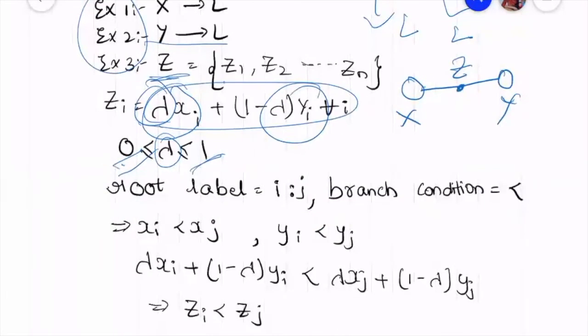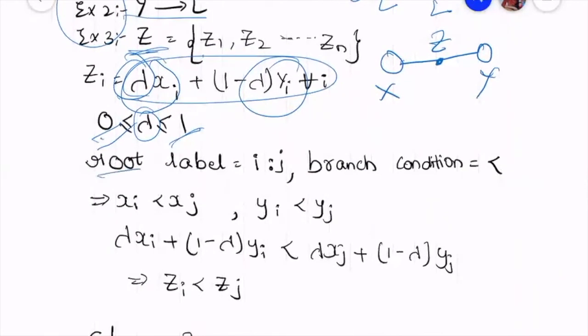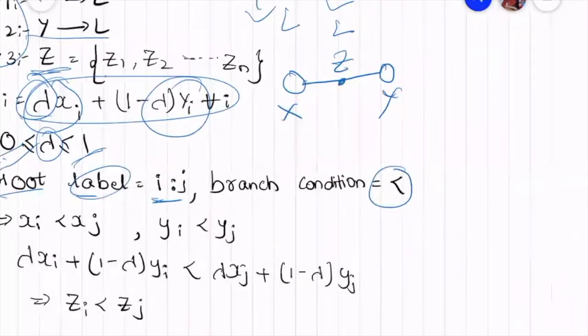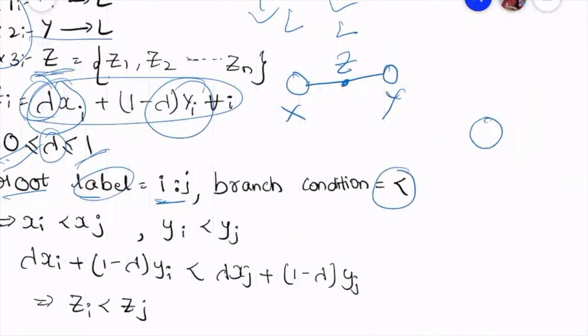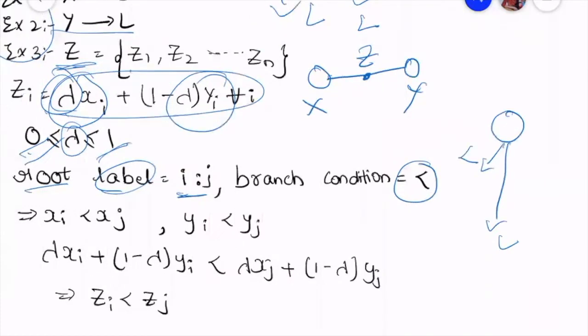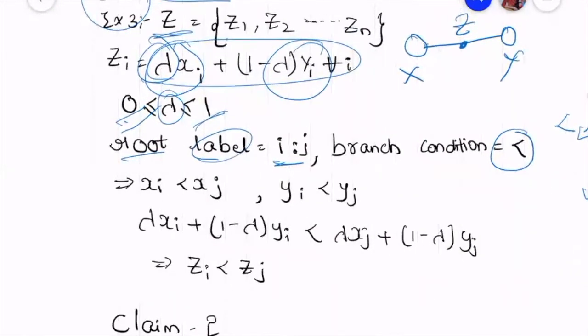Okay, now consider the root label is ij, and the first condition is a less-than condition. This is the root. To go to the leaf node, the first condition to satisfy is less than. So on the first execution, xi will be less than xj, so the x coordinates satisfy the condition.